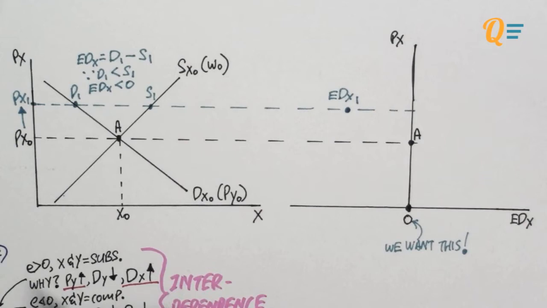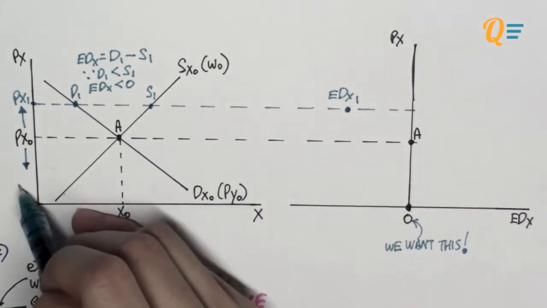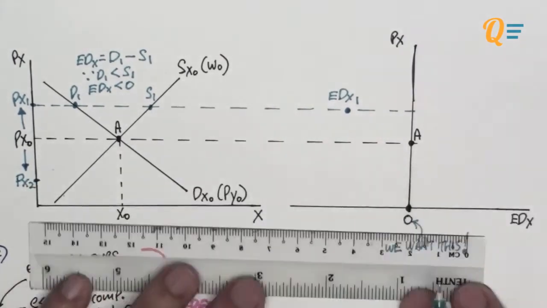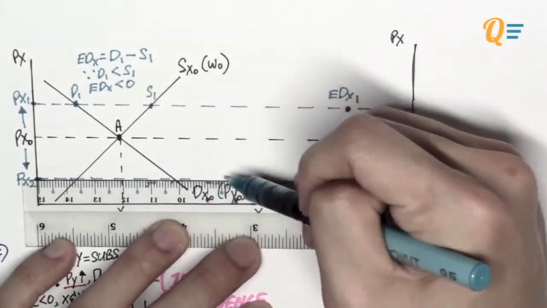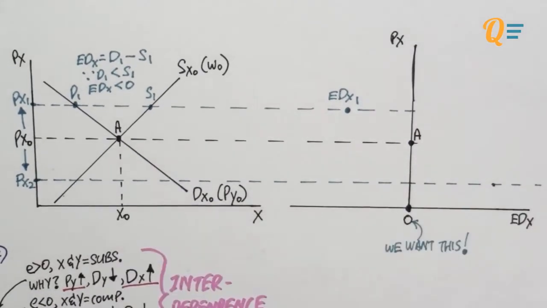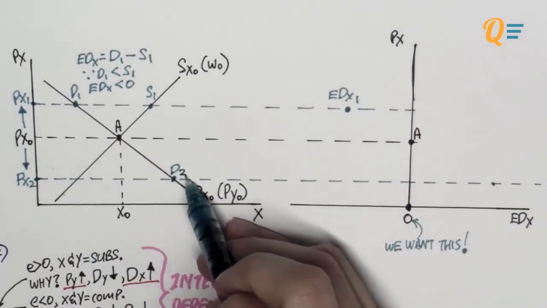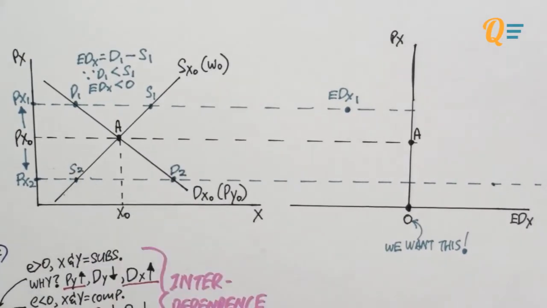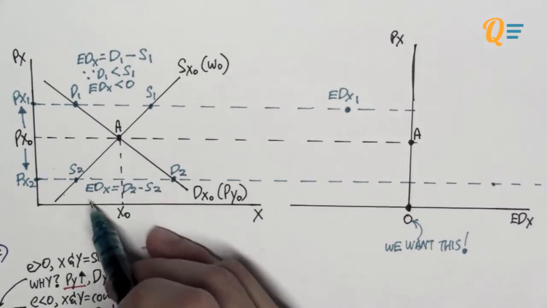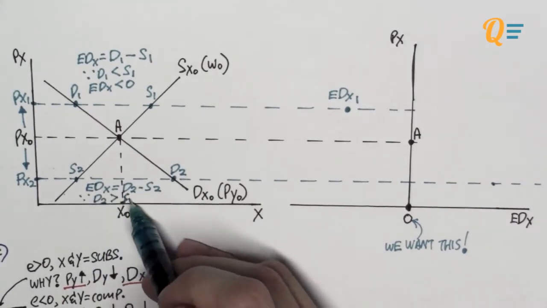Now let's assume that the price of X is going to fall randomly from Px0 to Px2. Let's draw that horizontal line across again. At the price of Px2, where is the demand for good X? It is over here. So this is D2, and the supply here would be S2. To find the excess demand for X, you just take D2 minus S2, right?